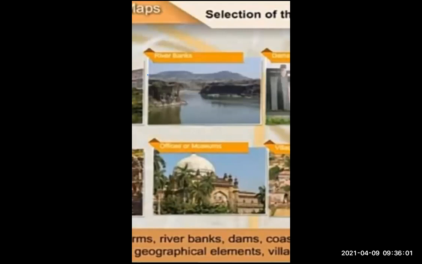Offices. Now, offices or a museum are also considered a field visit, like the Nehru Planetarium. Okay, so it is also one type of example of office museums.